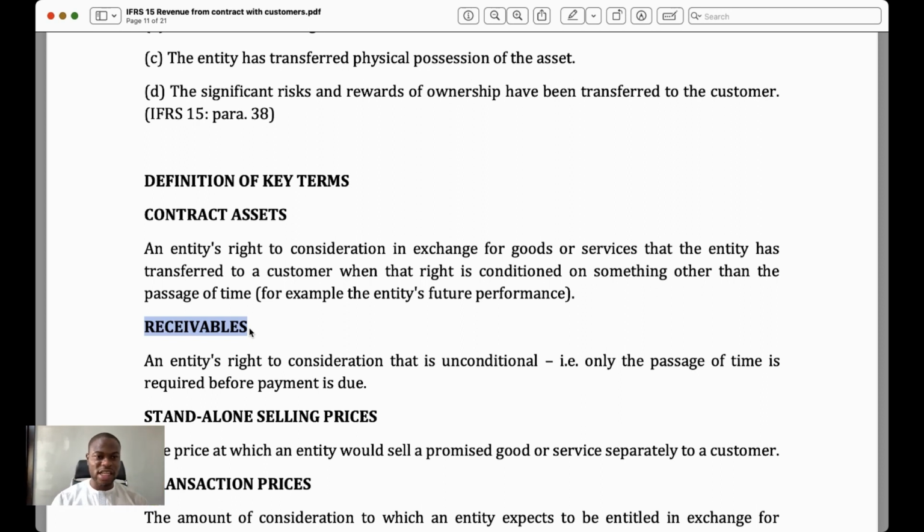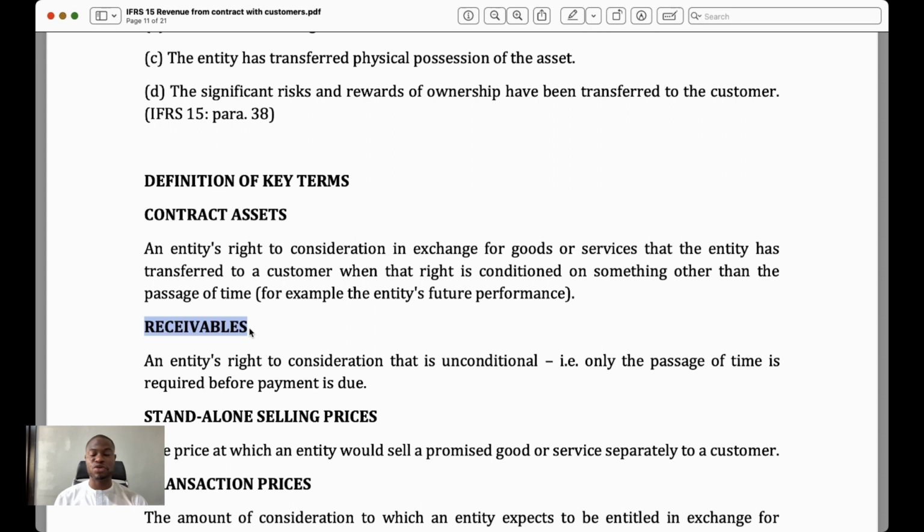However, there are instances where you have also delivered the goods, but your right to consideration is still conditioned on something else other than passage of time. That's a scenario whereby you have made some commitment that you will do one or two things for the next few months or years. So your payment is still conditional on future performance.